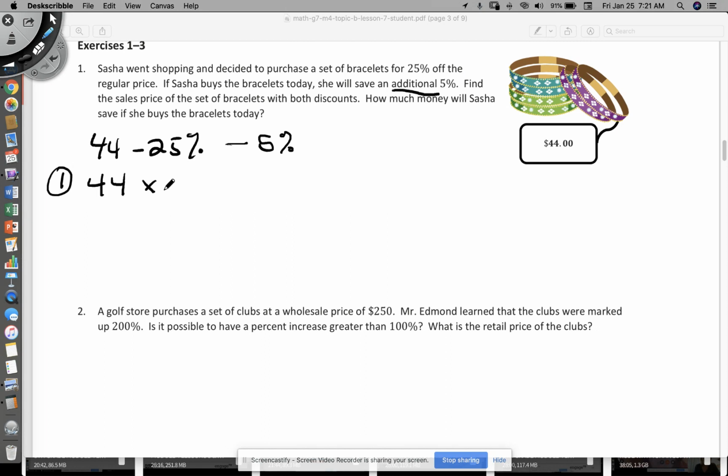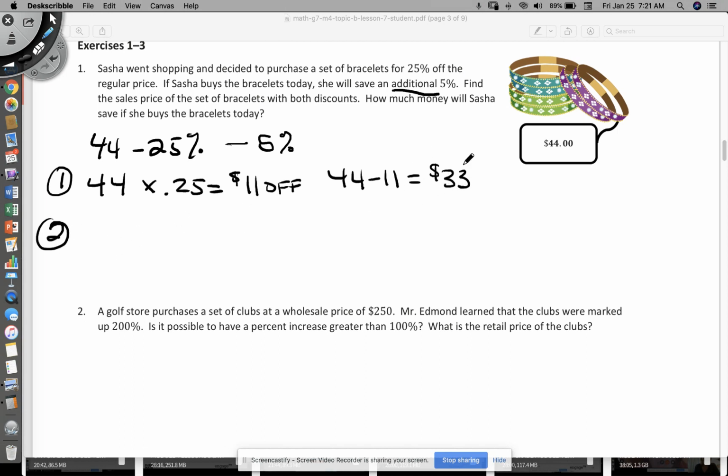That's 44 times 0.25. Okay, when you do that in your calculator, you're going to get $11. Now that's $11 off because this is a discount. So we're not adding this one on. So we're going to say 44 minus $11. Everybody would pay $33. Now, because she came on this special day, she gets an additional 5%.